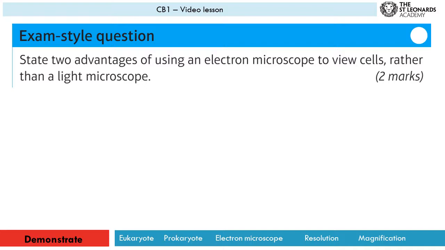That will pick up 1 mark. Because it's a 2-mark question, you need 2 good points. The second mark could come from either a much higher magnification, or you could say you could get a 3D image. Any of those points will be enough for the 2 marks.